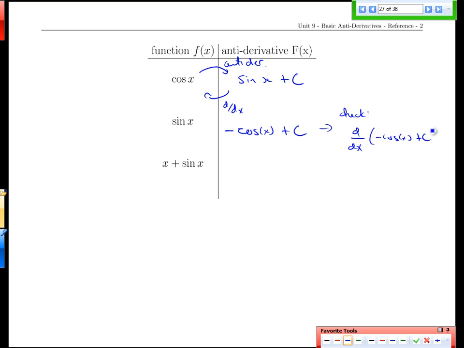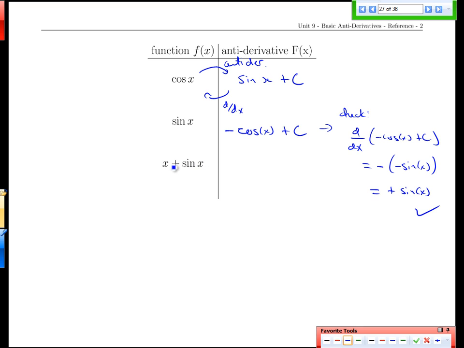Well, I think we do, because we're going to get negative times the derivative of cos of x, which is negative sine of x, plus 0 equals positive sine of x. So when we differentiate this, we get sine. So when we anti-differentiate sine, we get this.